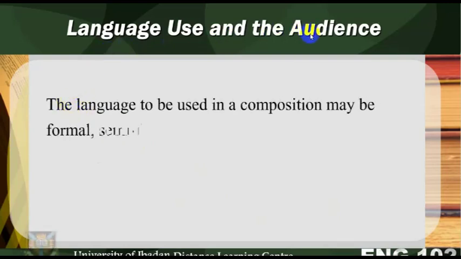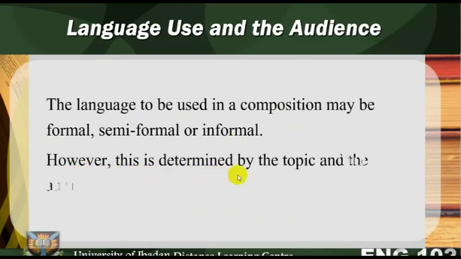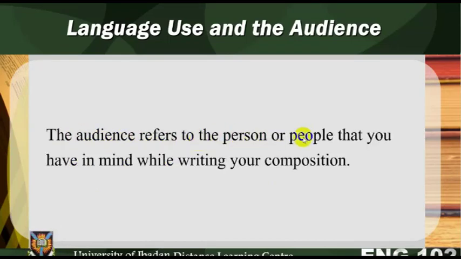Language use and the audience. The language to be used in a composition may be formal, semi-formal, or informal. However, this is determined by the topic and the audience. The audience refers to the person or people that you have in mind while writing your composition.